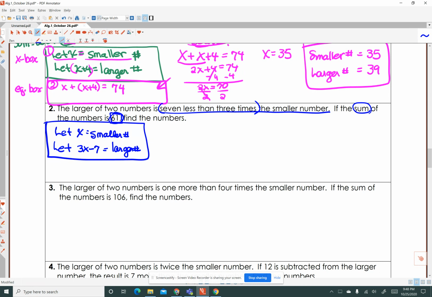will be x. Oh, something's wrong with my Wacom pad here. Let's try that one more time. Oh, let's change colors.